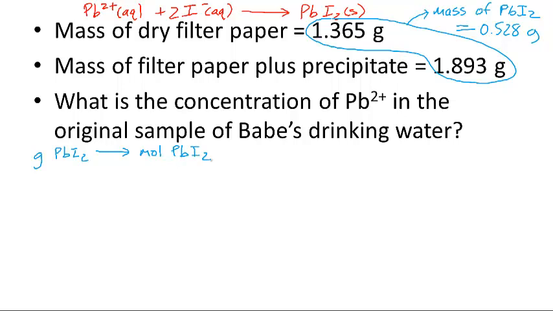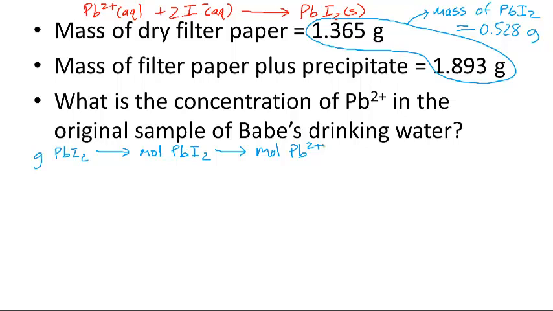All right. Now really, what are we interested in? What are we interested in finding? Not how much PbI2 was there, but how much what was there? Pb2+. Okay. So we can go from moles of PbI2 to moles of Pb2+.